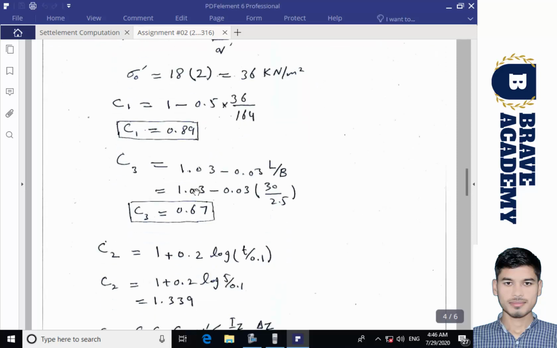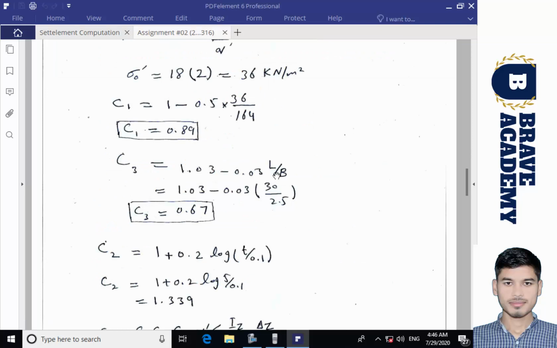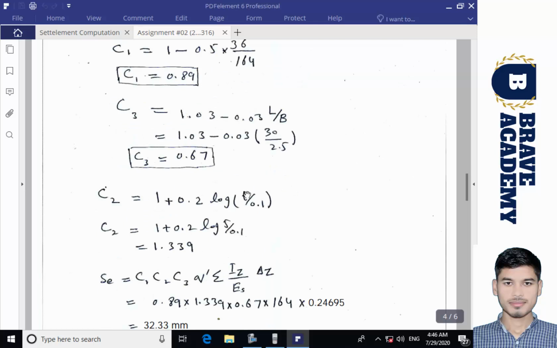Now calculate the shape factor C3, that is equal to 1.03 minus 0.03 L by B. So put the values, L you know, B you know, and you will get C3 0.67. These two factors will remain the same for the three cases, for immediately after construction, for 5 years after construction, and after 50 years after construction settlement, but the time factor will be changed.